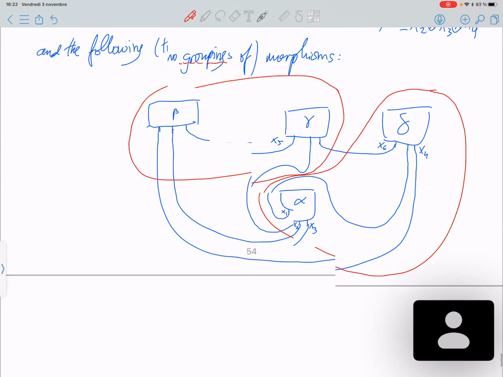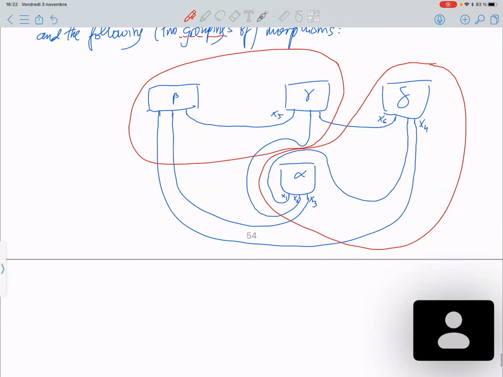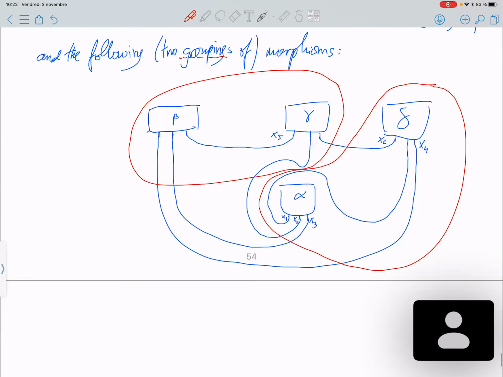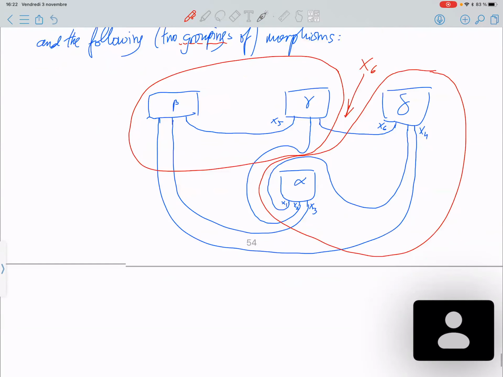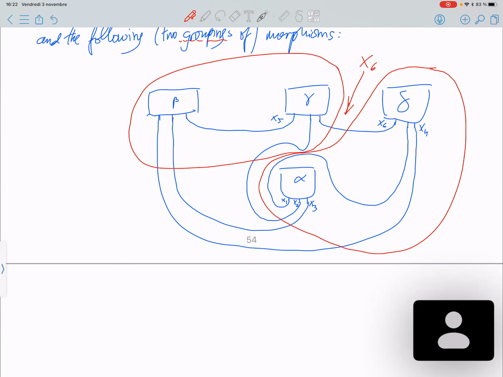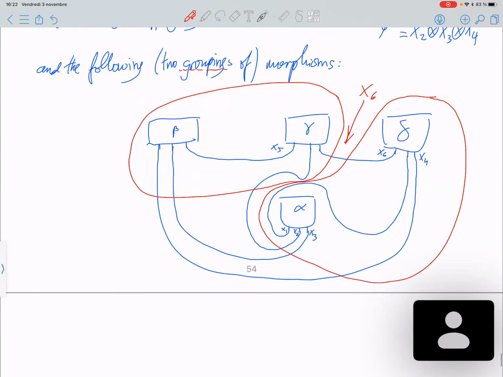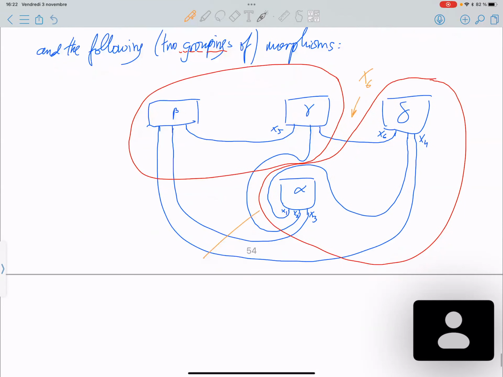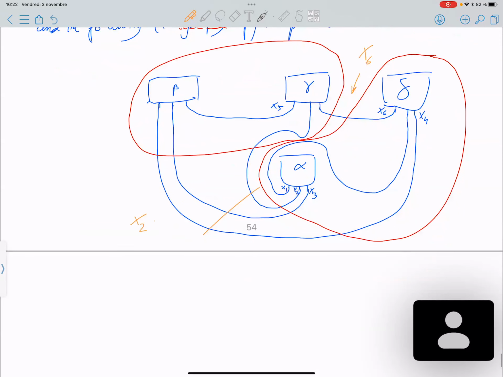So here you have X6. And here you have, let me take another color. So this is X6 here, and here it is X2 tensor X3 tensor X4, for these three strings.